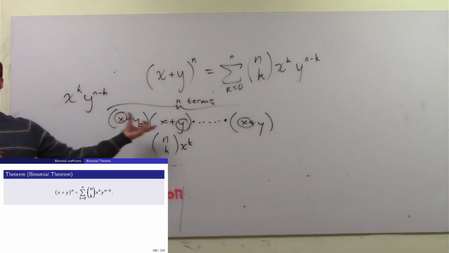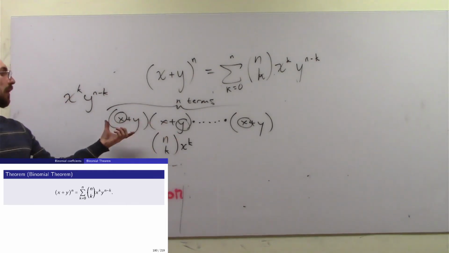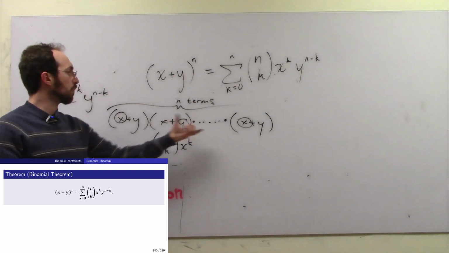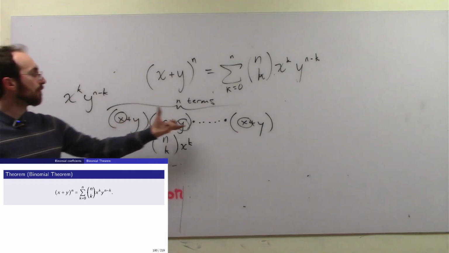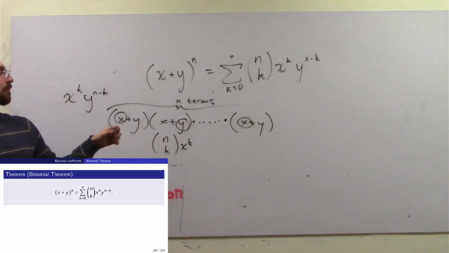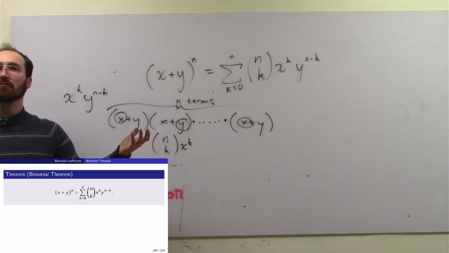But once I've chosen a particular k arrangement, that's in my count. And I'm just going to pick every way that I can choose k x's from this product. And that will end up being n choose k.